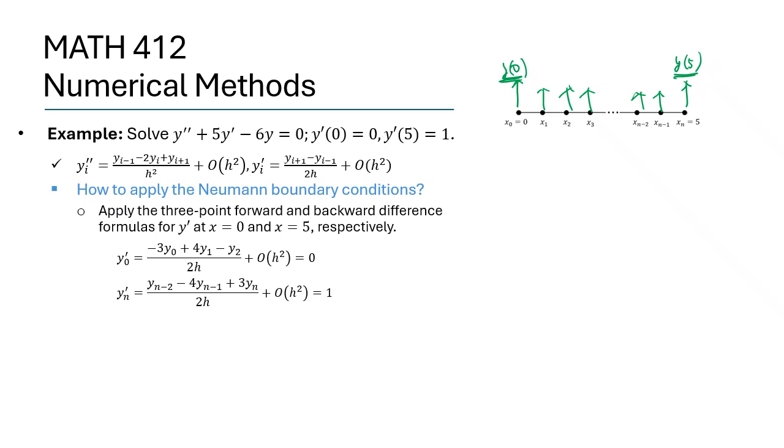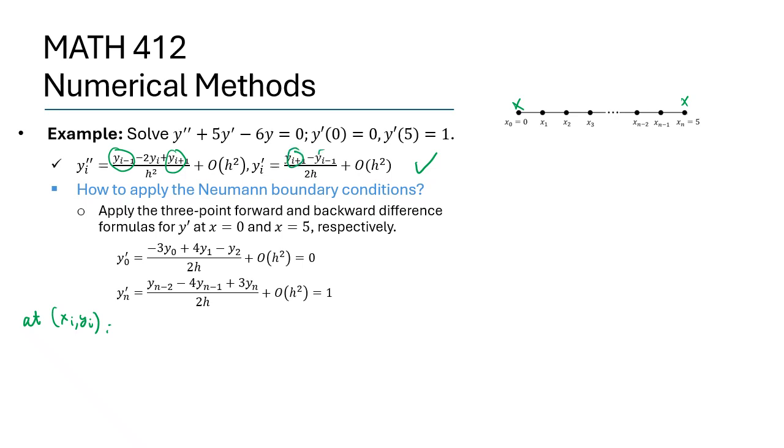Okay, so we'll see, say at x_i, y sub i. Given that we use these two central formulas for y prime and y double prime, as we did in the last example, they are not valid for the last point, right?